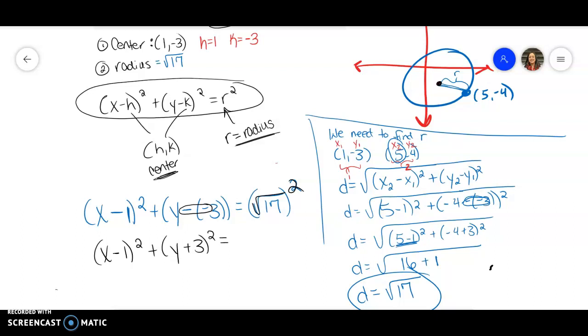They're opposites is what a lot of students say. But when you square that square root, they kind of undo one another, and what you're left with here is just 17. So guys, this here is your final answer. That is the equation of that circle with those points in standard form.